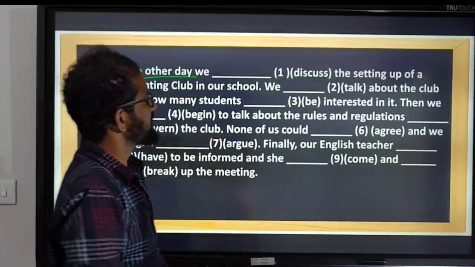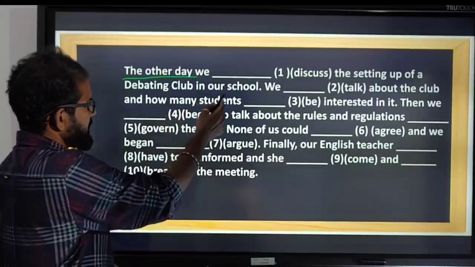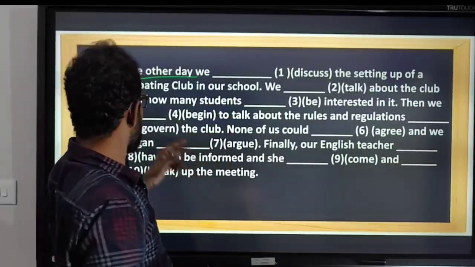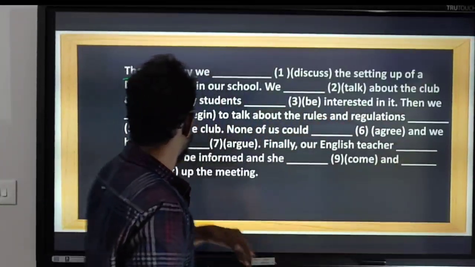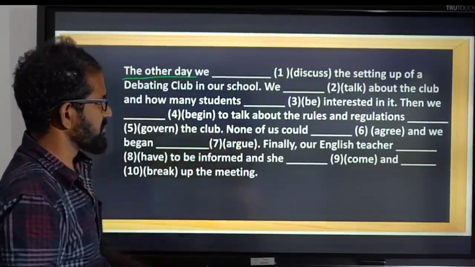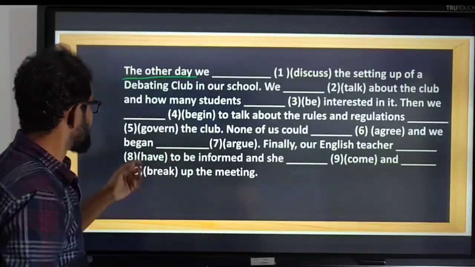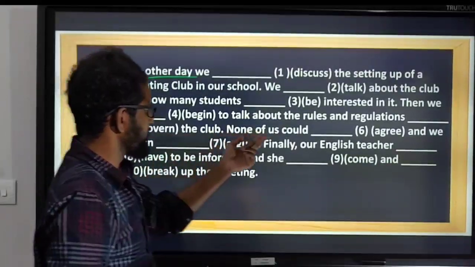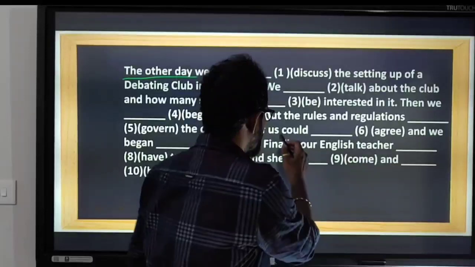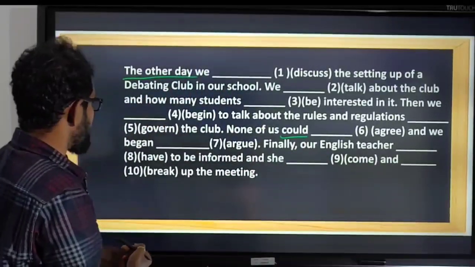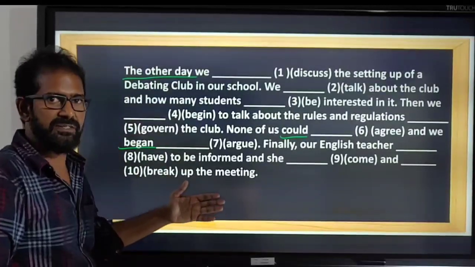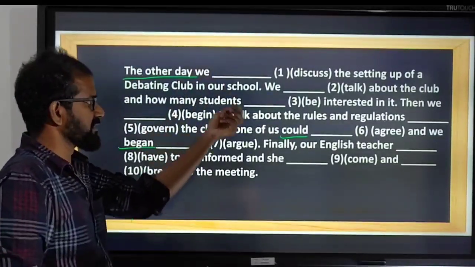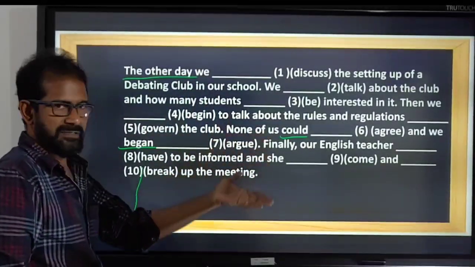The other day. Debating in our school, we about the club and now how many students interested in it. Then we began to talk about the rules and the regulations govern the club. One of us could the persons, and we began. So the given paragraph is in past tense. We need to fill this in with past forms.